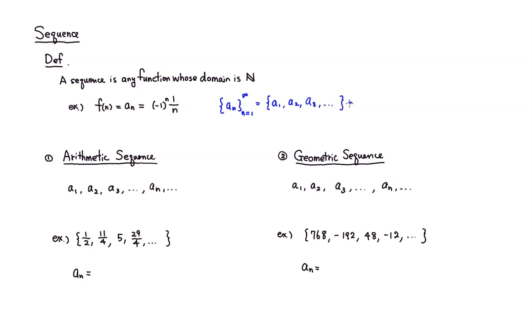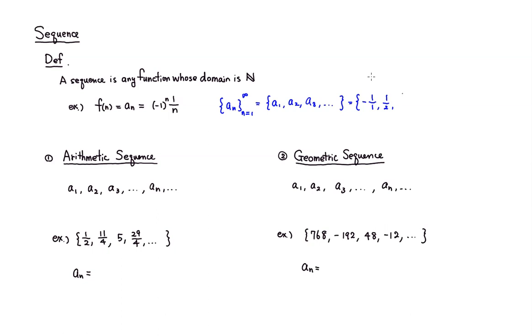But according to this formula, what would be a1, or f(1)? We plug in 1 for n, so it's going to be negative 1 over 1. If n is 2, negative 1 squared is positive 1, so it's a positive 1/2.